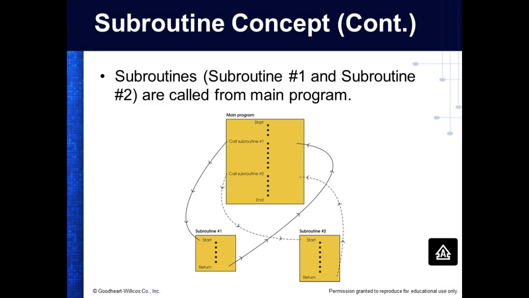So this is what they're showing here in the book. I don't know which figure this is. Subroutine number 1 and subroutine number 2 are called from the main program. What it does automatically, so here we'd say a call subroutine, JSR call. And then they would send it down to the subroutine. At the very end, we have a return instruction, and it would bring it back to the rung under the call.